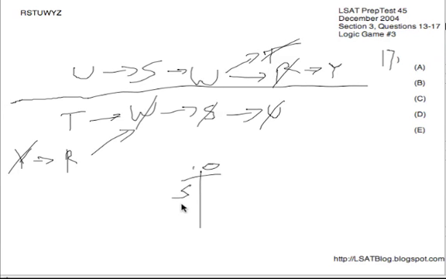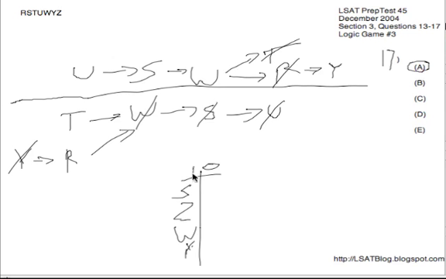If S was in, and Z was in, and S in requires W in and Y in as well, that's already 4 people in the in column. And they said if exactly 3 friends appear. So you've got to remember that S in is requiring W and Y as well. So if you bring in Z, you're already reaching 4 people, and they said 3. So A is actually our cannot, and as such is our answer to number 17.